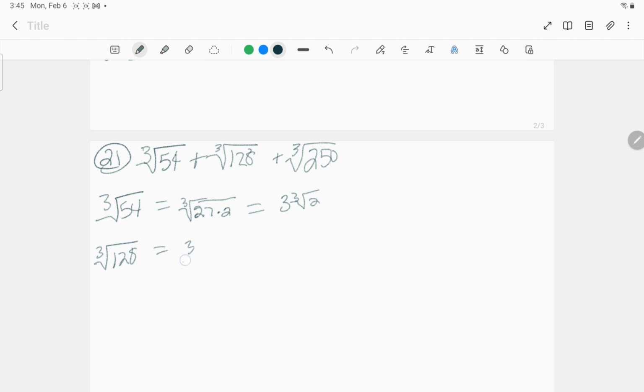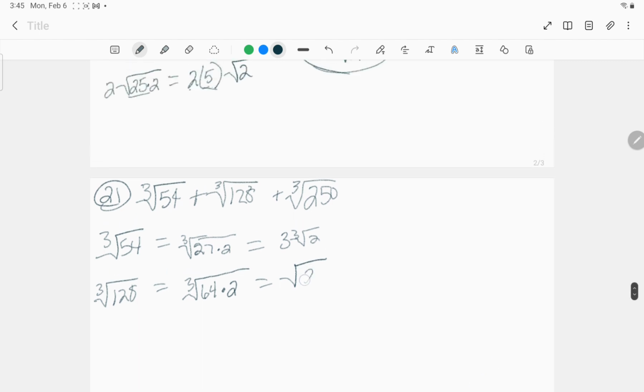So 128 divided by 2 is 64, which is going to give me 4 times the cube root of 2. And then 250.